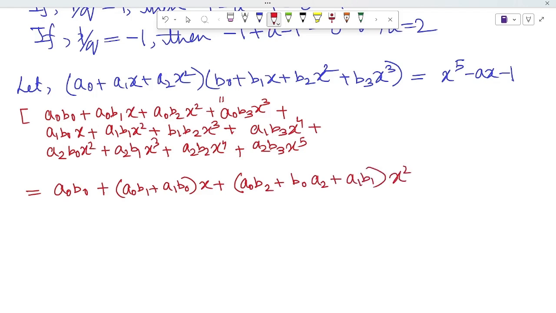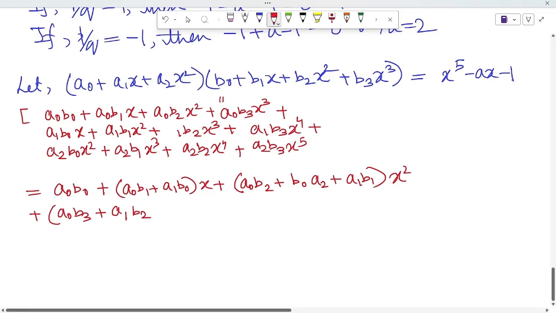Plus degree 3 term: a0 b3 plus a1 b2 plus a2 b1.